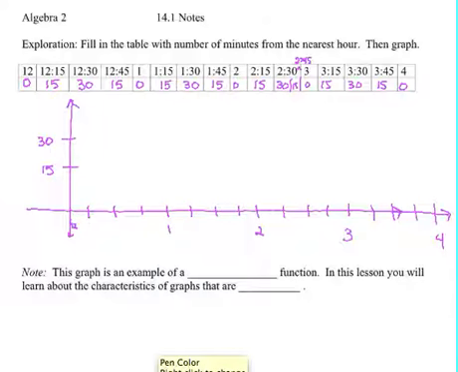Then let's plot it. At 12 o'clock it's 0, then we go up to 15, 30, 15, 0.